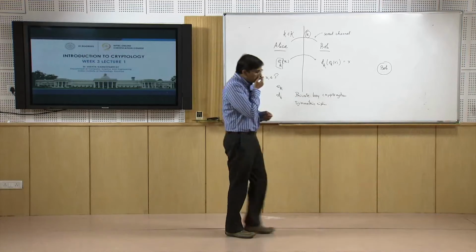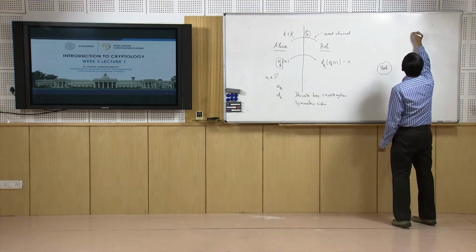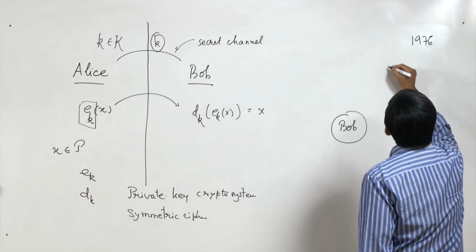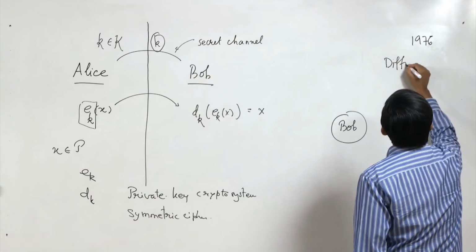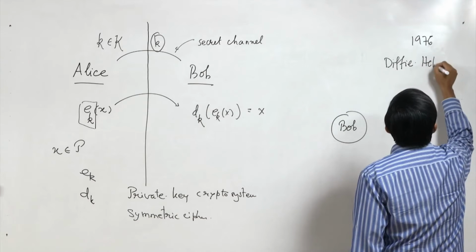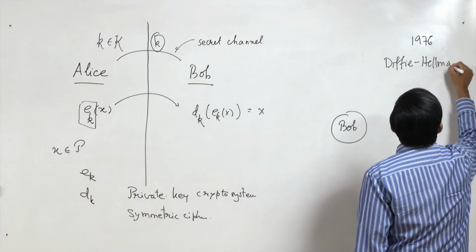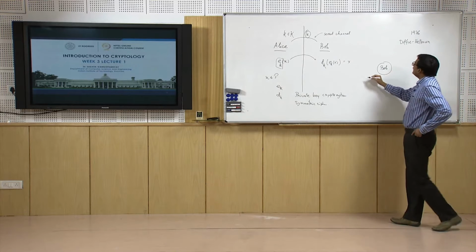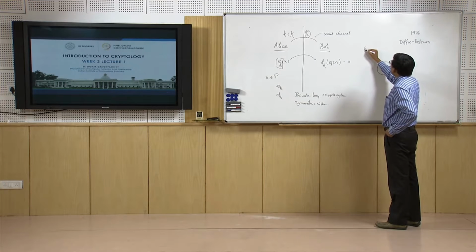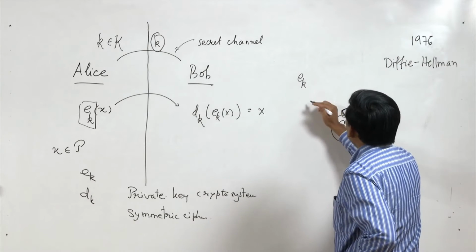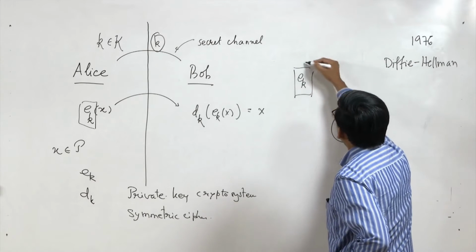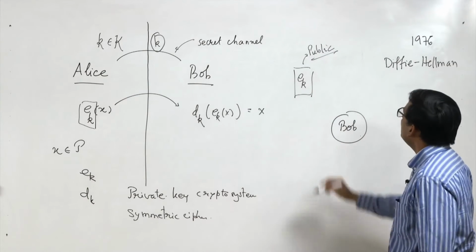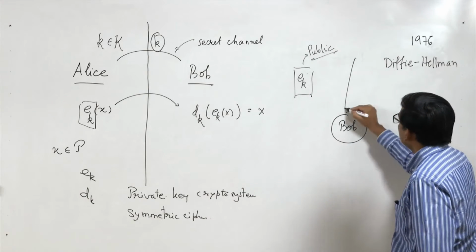So, it was proposed somewhere around 1976 by Diffie and Hellman that something can be done here: that probably Bob can publish a key, or let us say an encryption function, into public, such that anybody who would like to communicate to Bob will use this encryption function and send in the message.